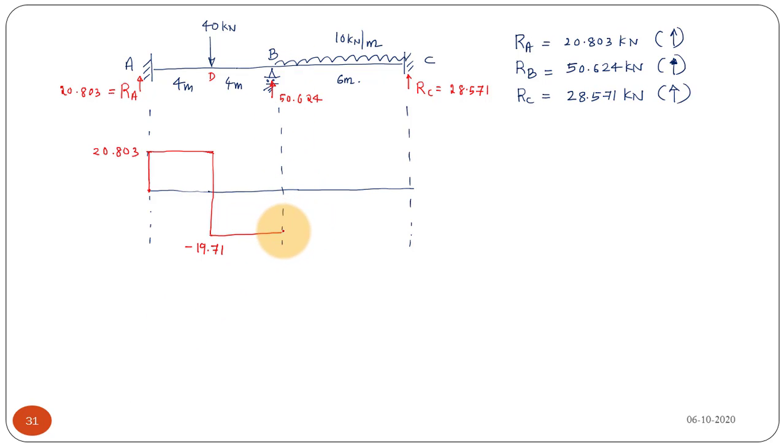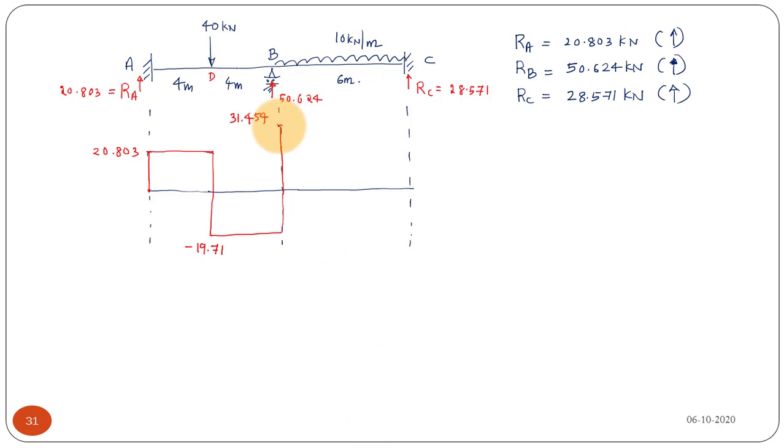So minus 19.197 plus 50.624, if you do that calculation, the value you are going to get is 31.454 kilonewton. All units are kilonewton, I have not written them.